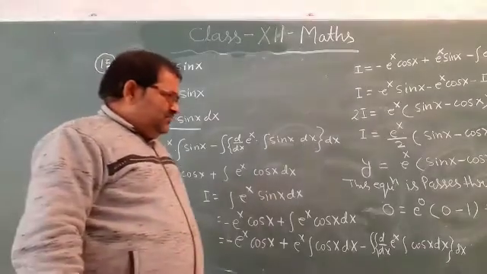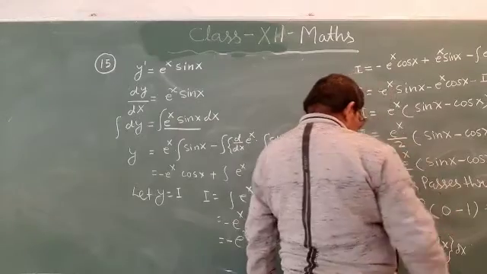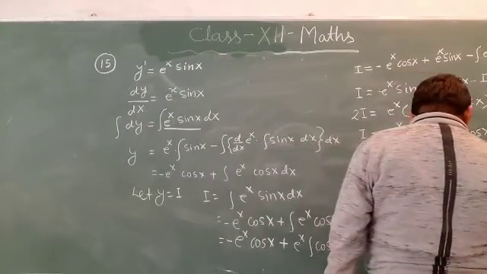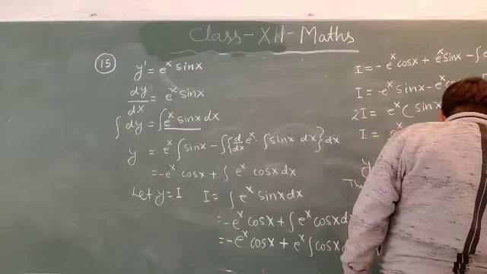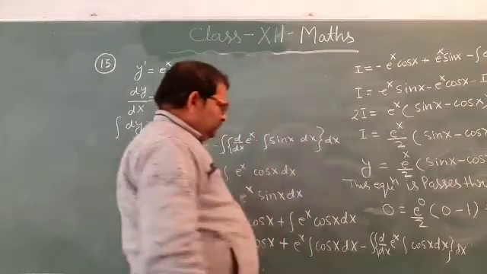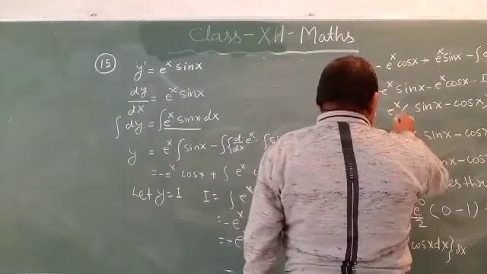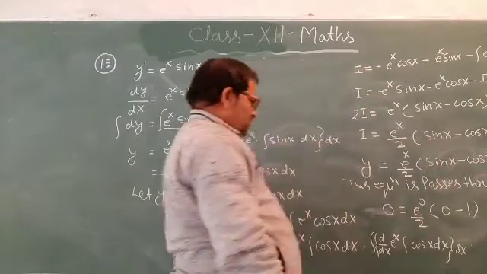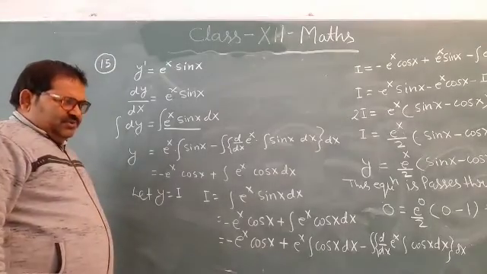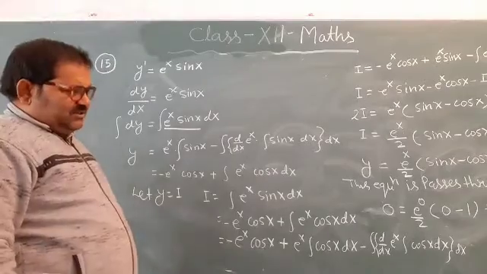So we get the value of I equal to e^x/2 (sin x minus cos x), and y equals e^x/2 (sin x minus cos x) plus c.